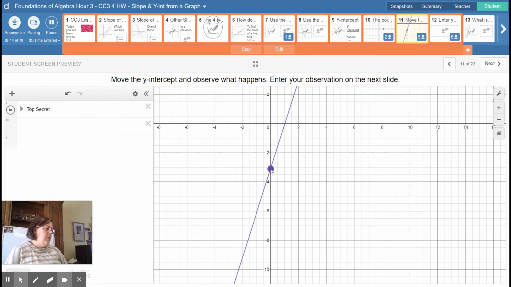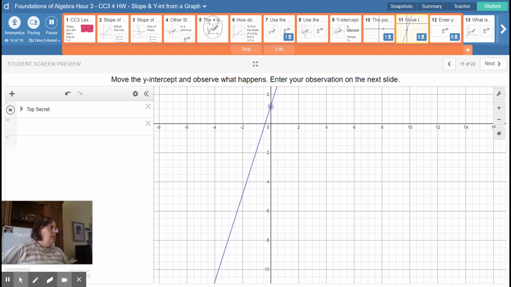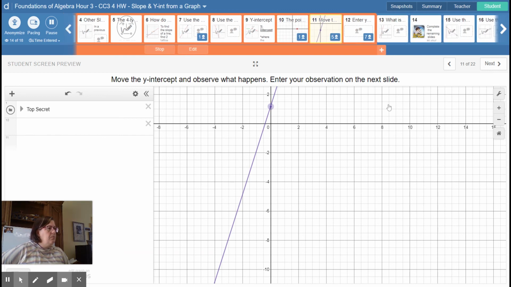Again, on slide 11, grab that purple dot and just move it up and down that y-axis to see what is happening. And then you're going to enter your observation on slide 12. I would like to see what your observations are.